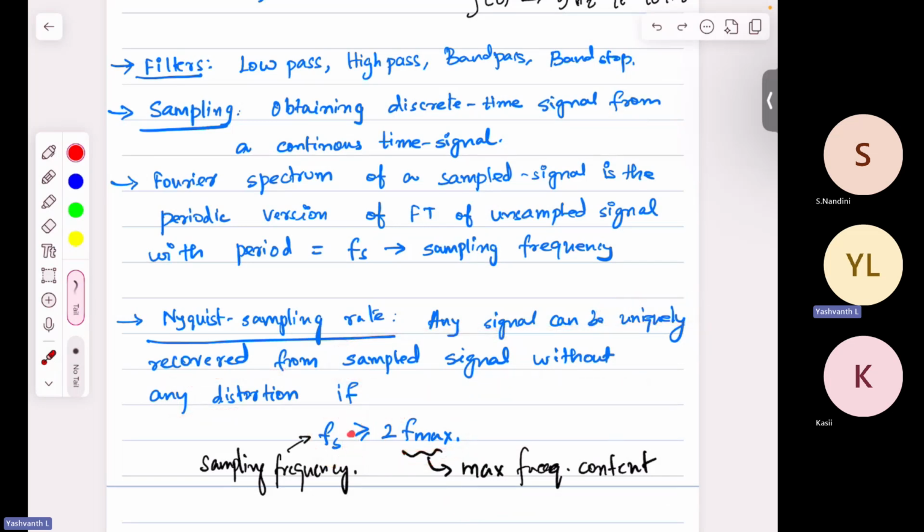If I put equality, Fs equal to 2 F max, then this sampling frequency is called the Nyquist rate. You can also sample at more than the Nyquist rate, but at least you should sample at the Nyquist rate, which is 2 times the maximum frequency content in the given signal x of t.